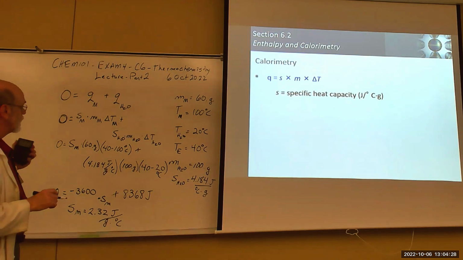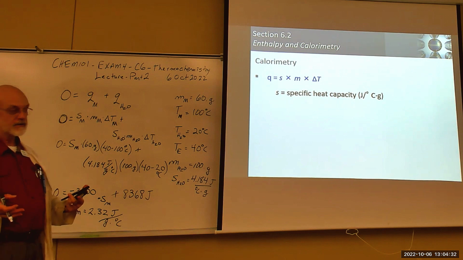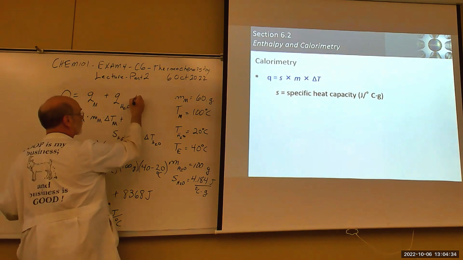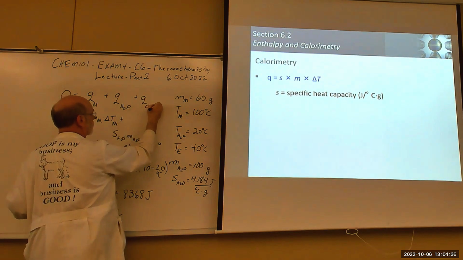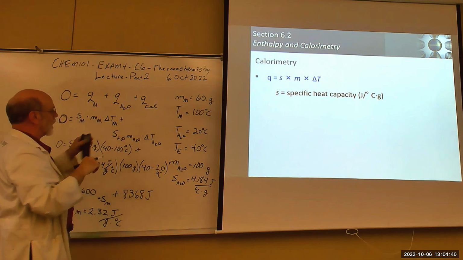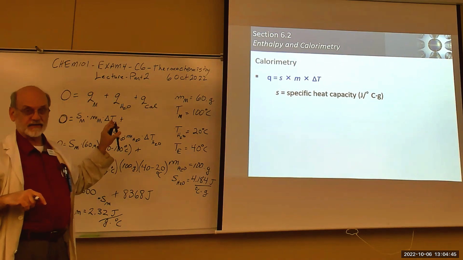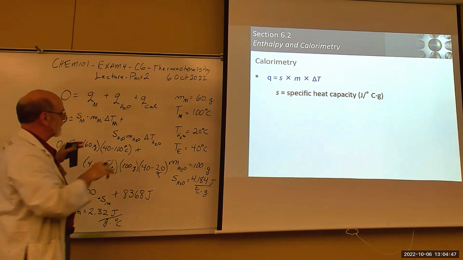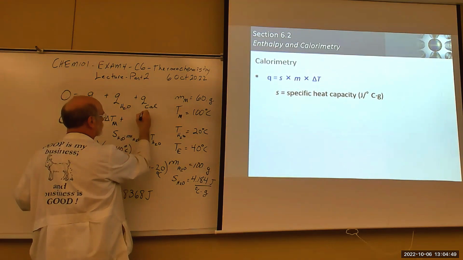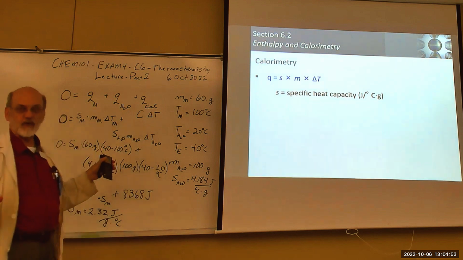So what would we do if we had to incorporate the calorimeter into this calculation? It would be another term. Right? So what would this be equal to? Well, when we're talking about heat capacity and non-specific heat capacity, all you need to know is the calorimeter constant times the change in temperature. You don't even have to know the mass.